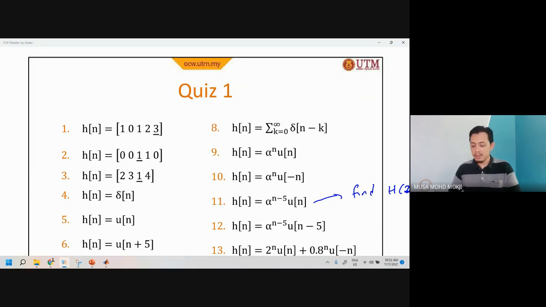If not, a simpler system is supposed to be FIR because it is always stable. So we just need to make sure whether the system is causal or not. Linearity, already linear; time invariant, already time invariant; stability, already stable. So we just need to check causality for FIR.